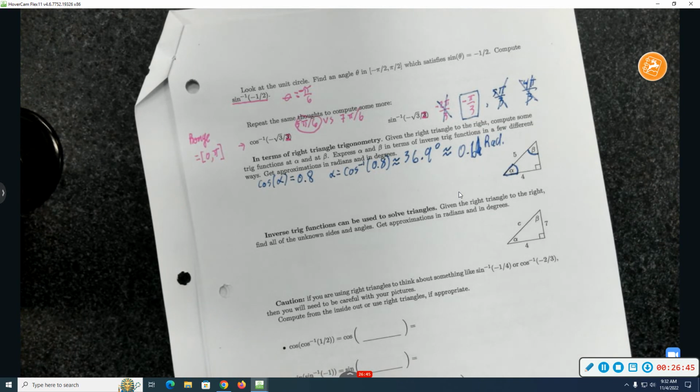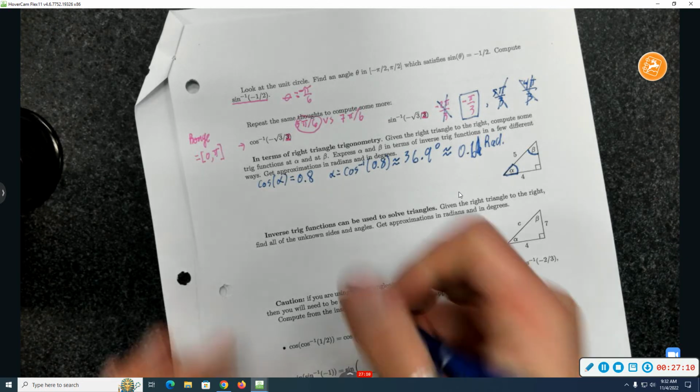Cool. That seemed pretty all right. Let's also find beta. Did people get differing answers from that? Excellent. Let's figure out beta. How would you figure out beta? You know the sine.